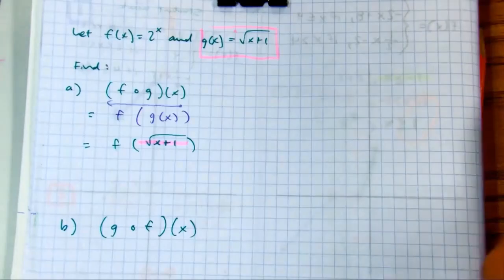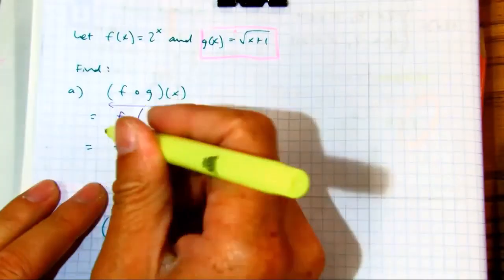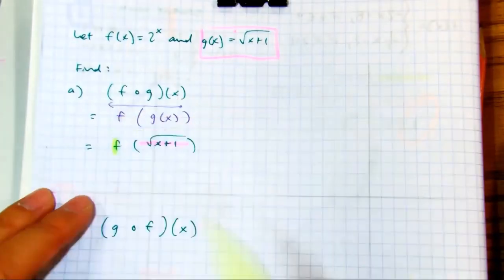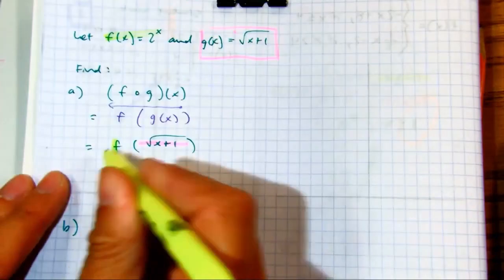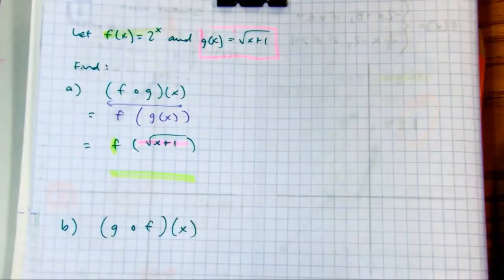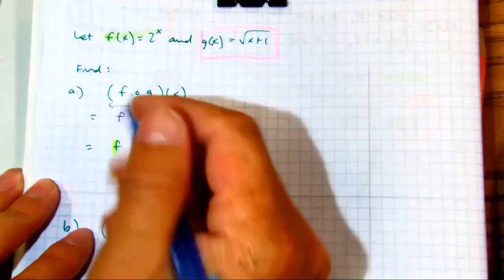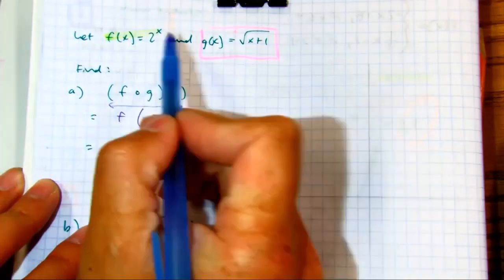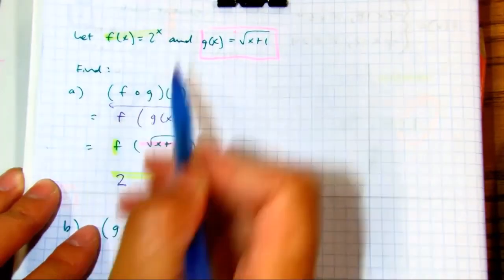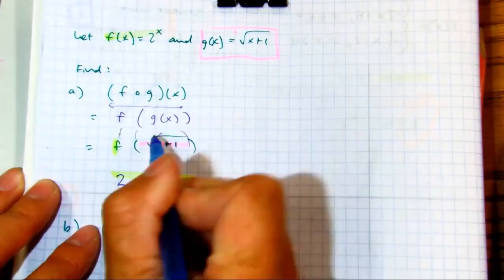Okay, here's the hard part now. What is f of x? Okay, so what it's saying is, in my function, I have the 2, but for every x value, instead of putting an x here, this is my new x. Does that make sense?